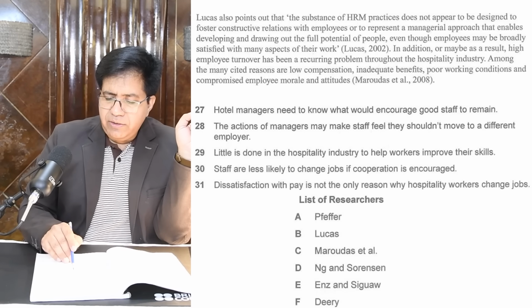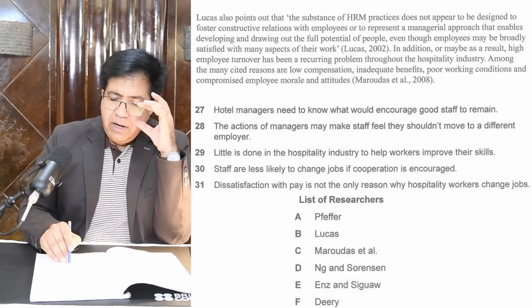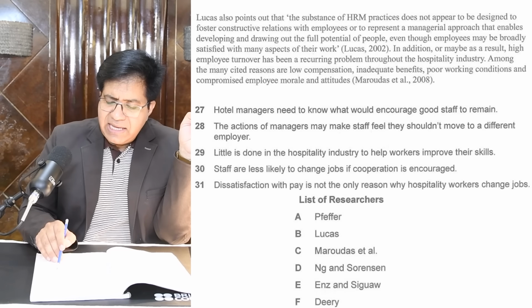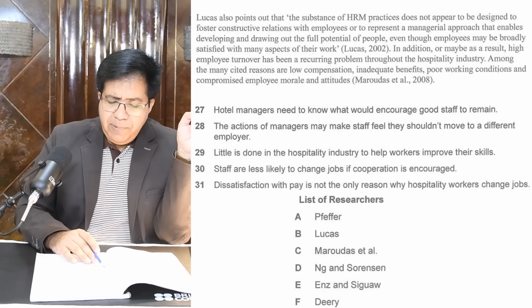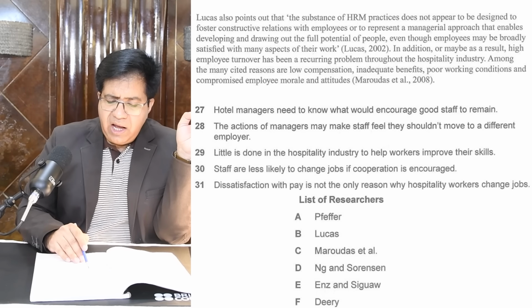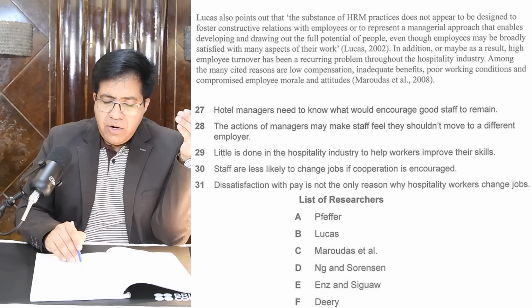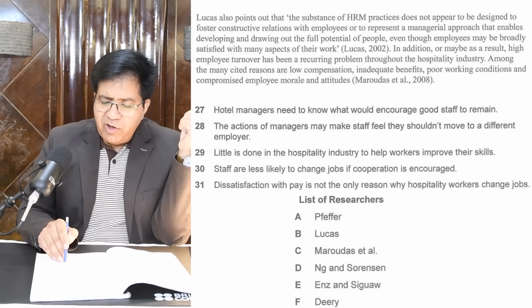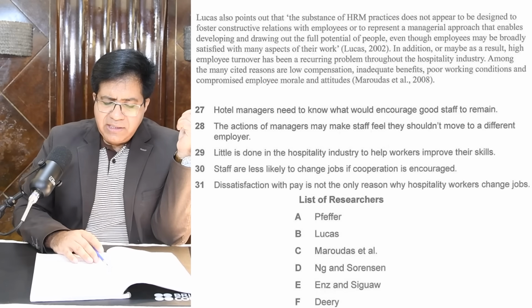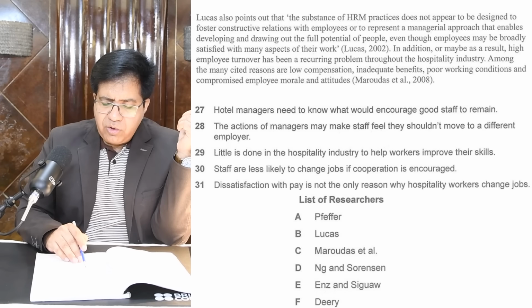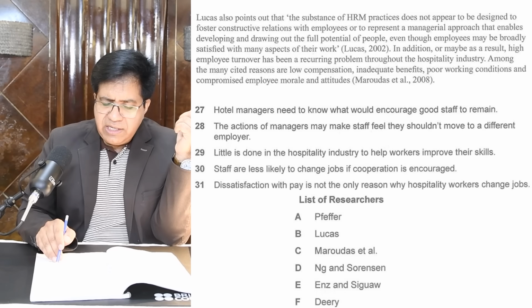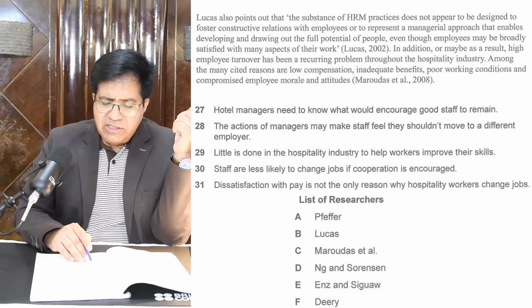In addition, or maybe as a result, high employee turnover has been a recurring problem. Recurring means that happens time and again. Recurring problem throughout the hospitality industry. Among the many cited reasons are low compensation, inadequate benefits, poor working conditions, and compromised employee morale and attitudes.